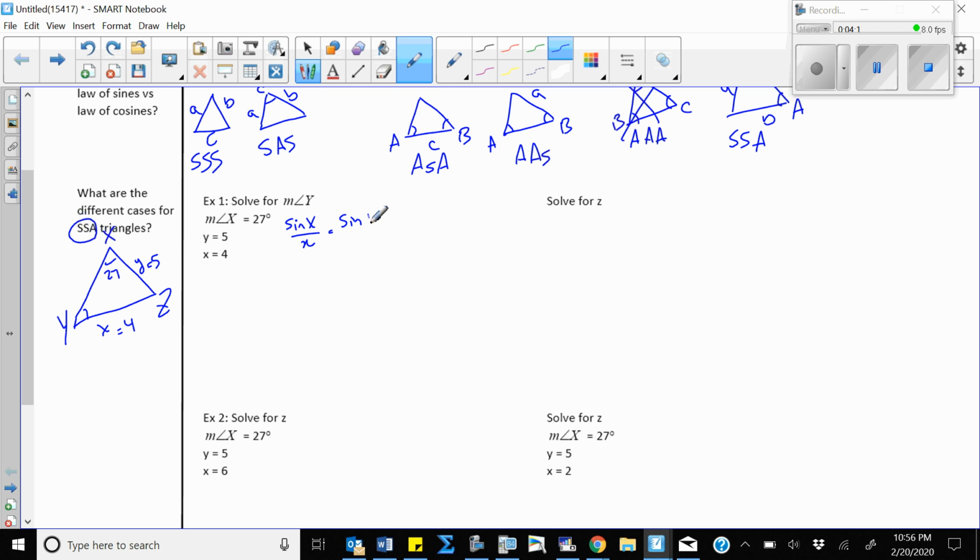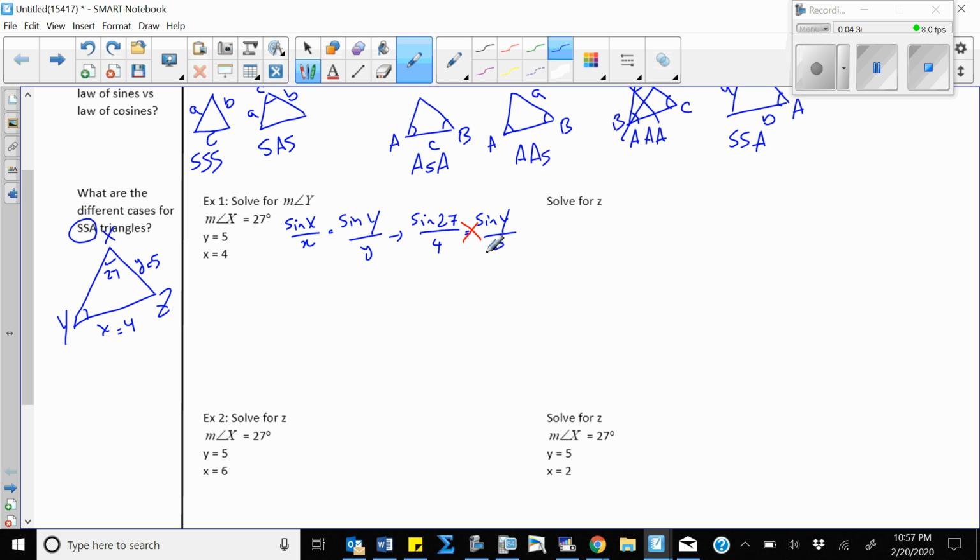So sine of Y over Y. So I'm going to replace whatever I have here. Sine of 27 over 4 is equal to sine of Y over the side Y, which is 5. Now in order to solve this, I need to cross multiply.